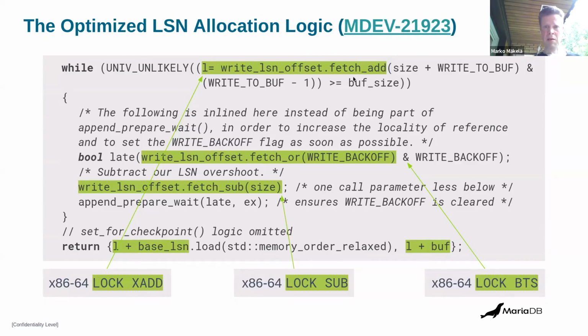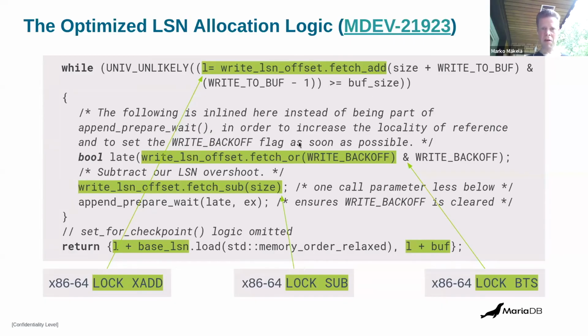And then we mask the size part of the result. And then we check if we got an overflow or if we got this back-off bit set. It's also allocated in such a location that this overflow condition will hold. So, in the unlikely case that we have this overflow.